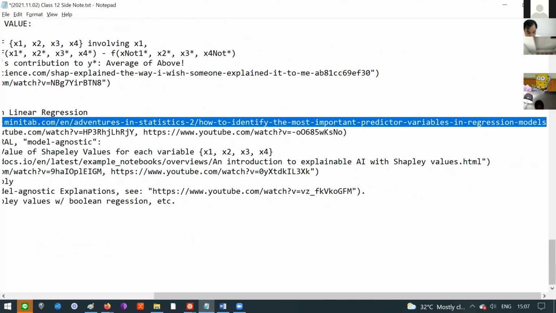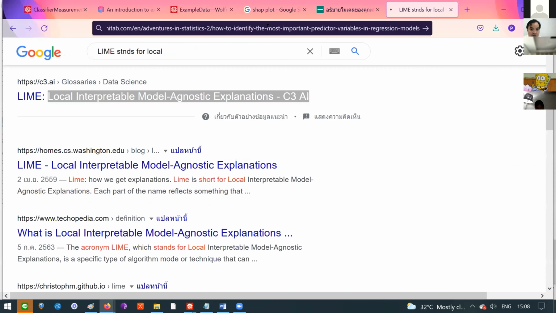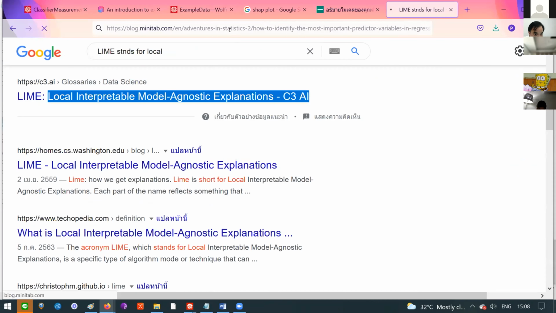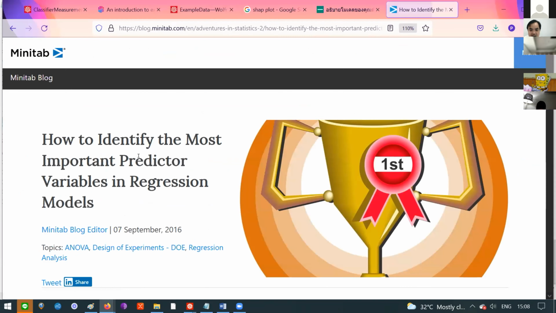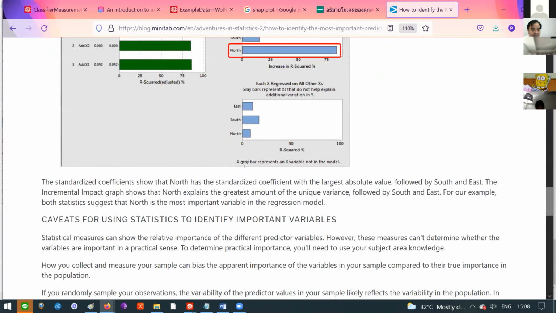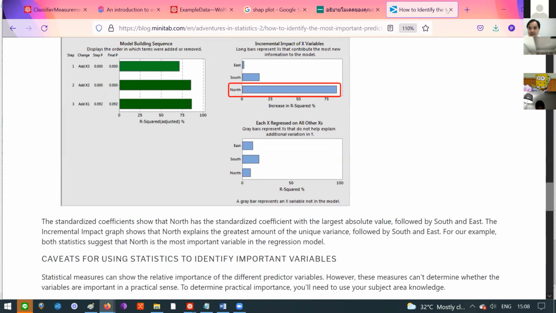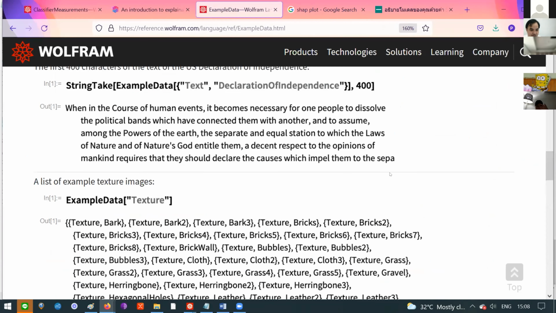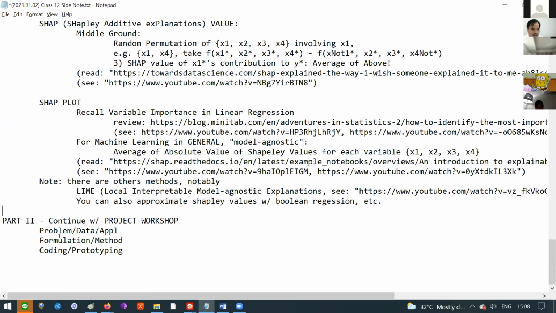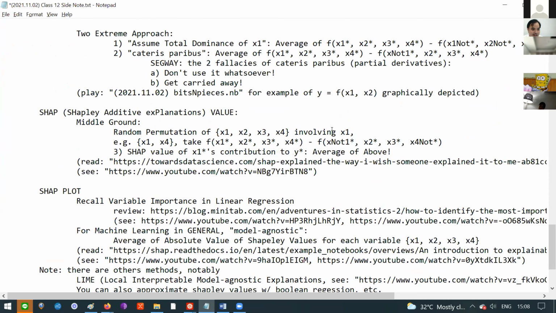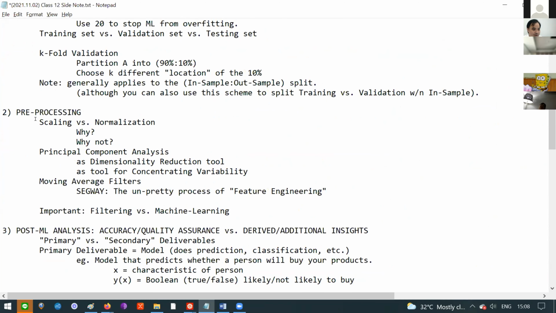Let's see, where's that? Is that the right link? Yeah, that's it. So you look at the coefficient of a standardized regression. And that brings you back to pre-processing because it has standardization.